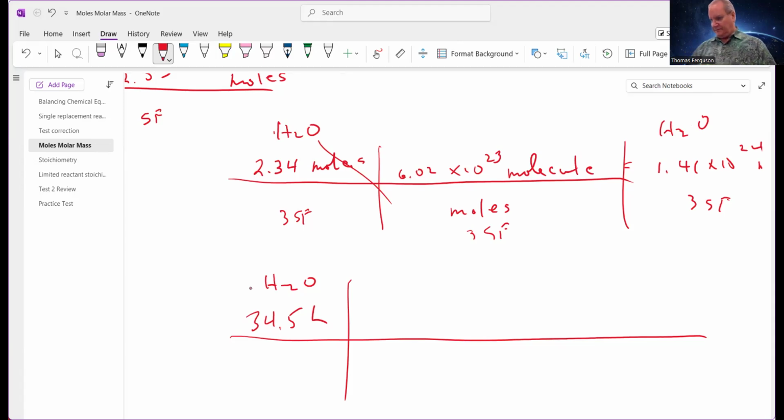Okay, so we've got to cancel a given. Now, can we go directly from liters of water to numbers of water? No, so we got to have an intermediate step. If in doubt, convert to moles.